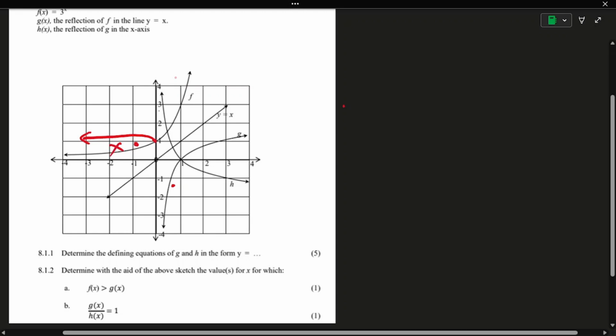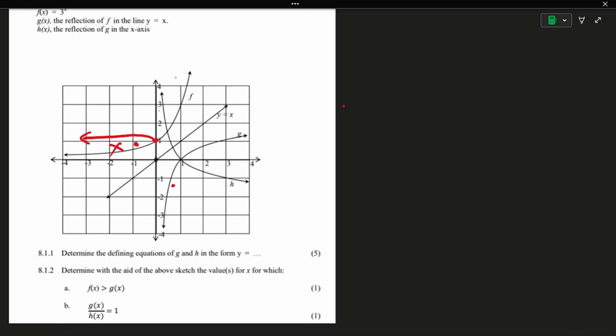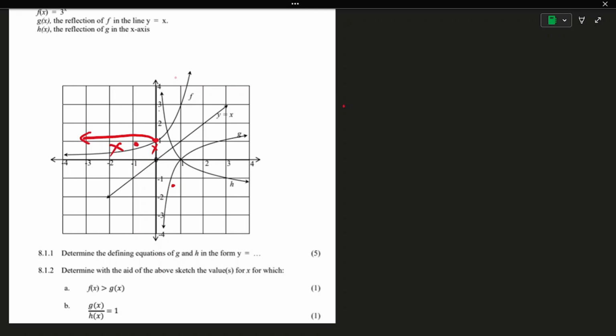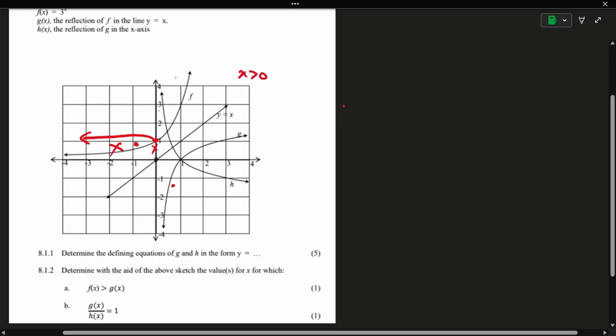And then when x is equal to 0, again, g does not touch 0, so x equal to 0 is also excluded. We can only see that f is truly above g when x is greater than 0.